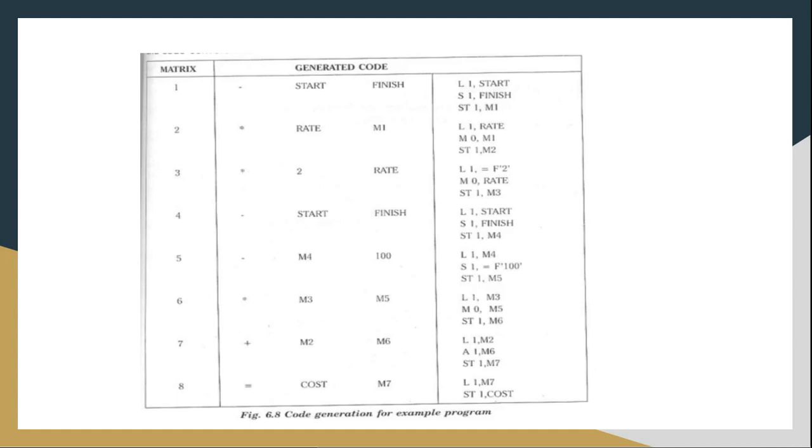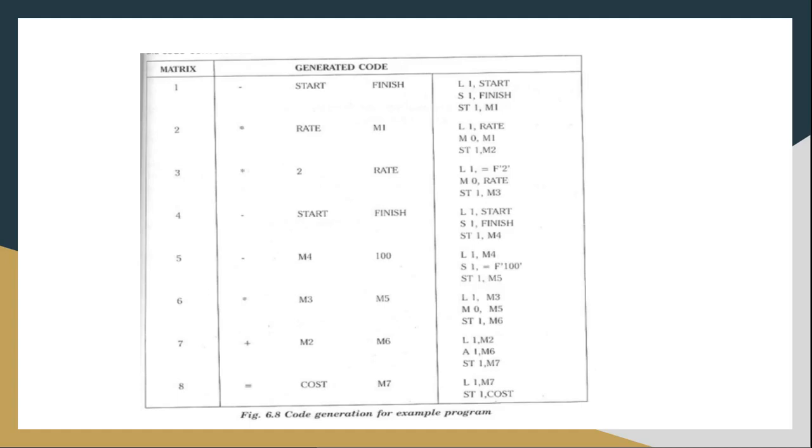You can see here, on the left side we have the matrix line number and the generated matrix form code, and on the right side we have the generated object code. We'll see how we are going to generate this object code. So this is the table showing the matrix representation of the cost assignment statement, along with the object code for each matrix entry.